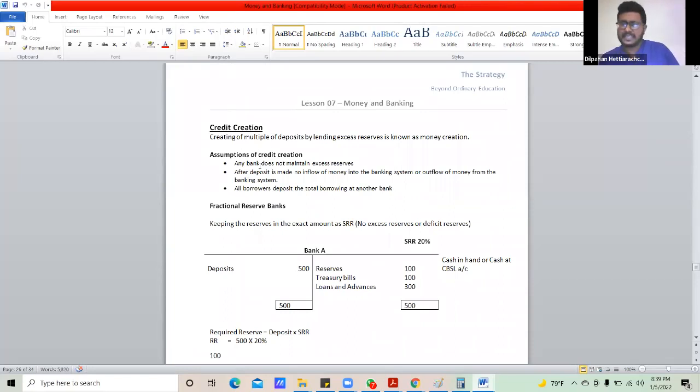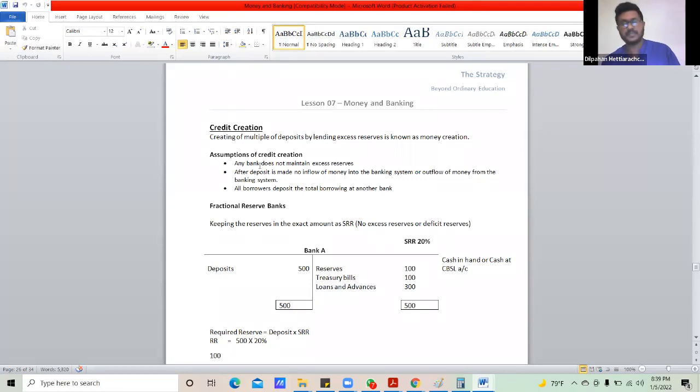So what exactly is credit creation? Simply, there is some money printed by the central bank. The central bank issues it to the public, and the public deposit that money in commercial banks.